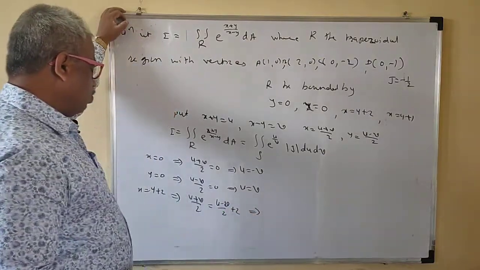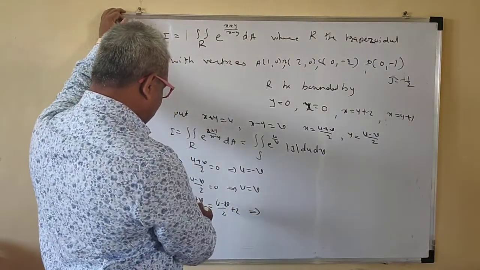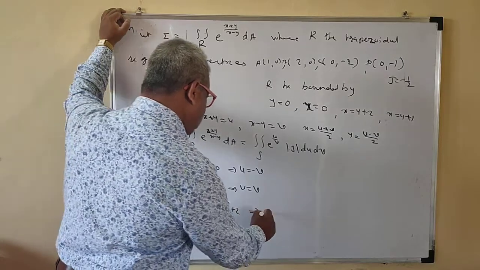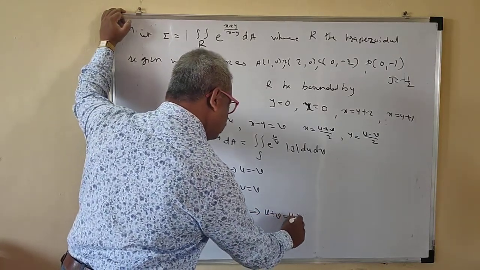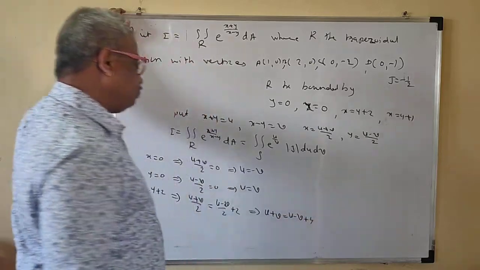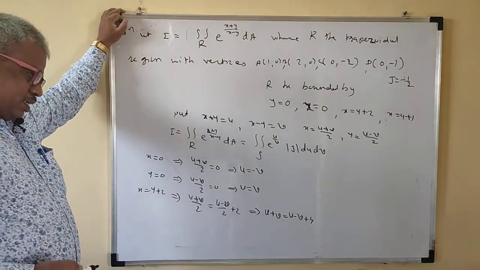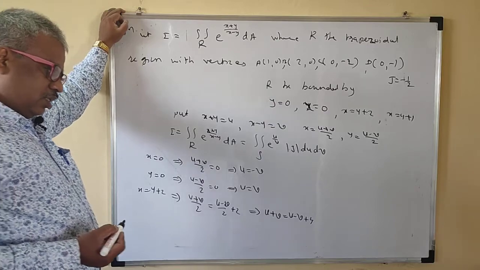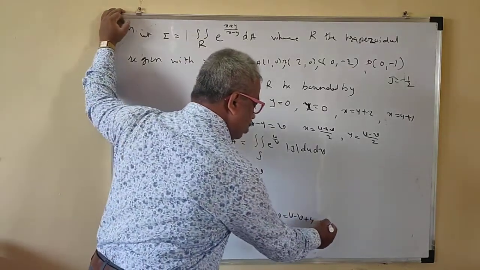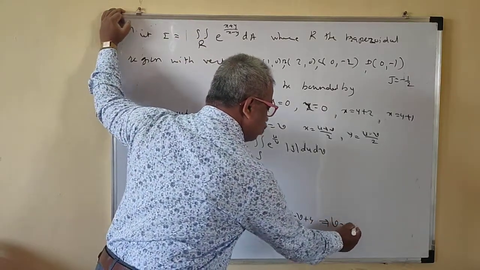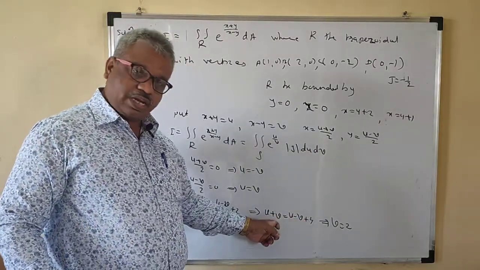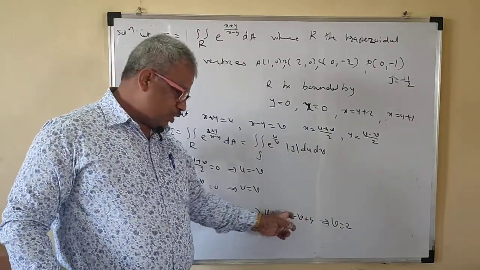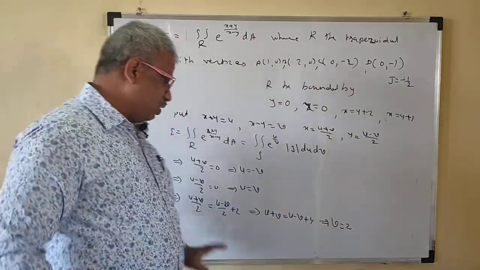So u plus v is equal to u minus v plus 4. The u gets cancelled, and this v is shifted here and becomes twice v, and twice v is equal to 4. This implies v is equal to 2.